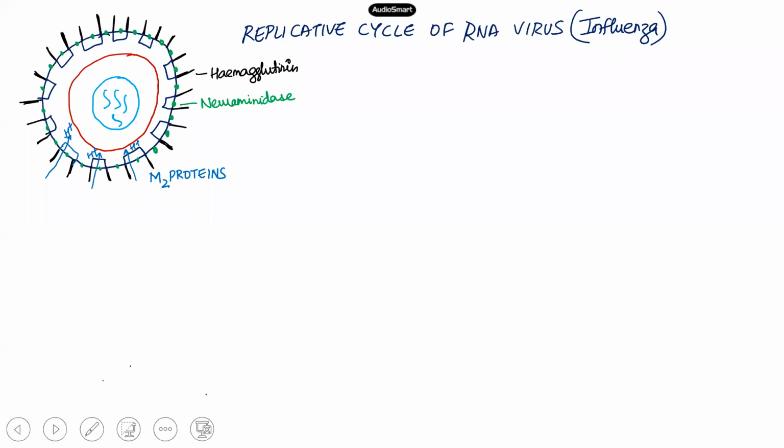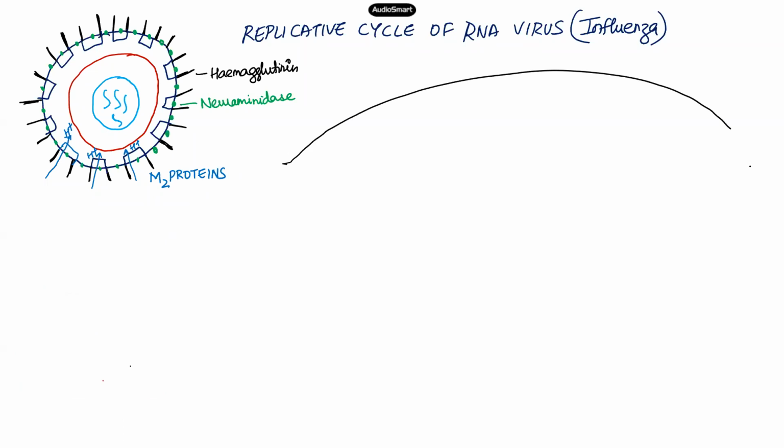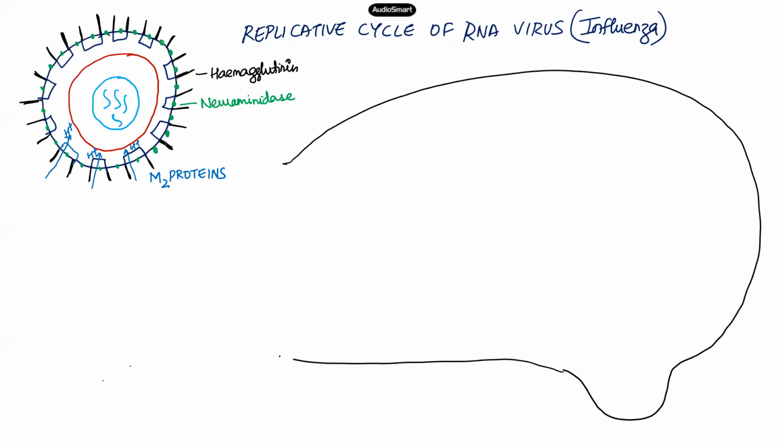So in a similar way, let us draw a host cell first, a big host cell with a dent and then with an involution representing endocytosis. So this particular virus particle selects its location on the host cell and it goes and sits over here, right? So it has got its hemagglutinin, right?